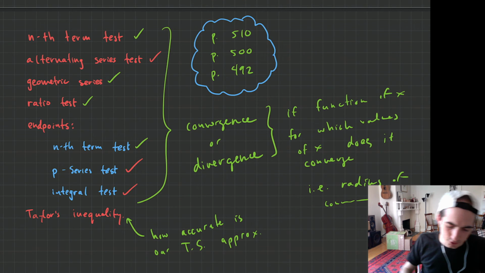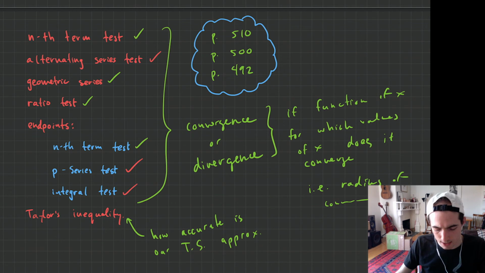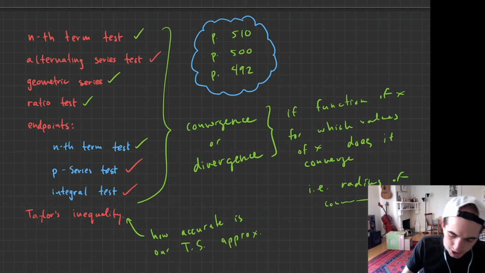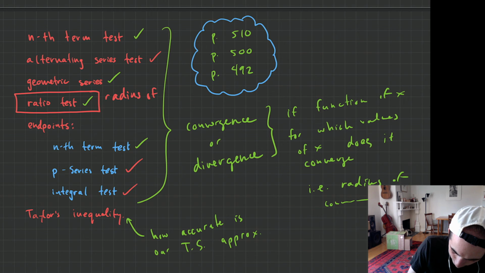Yeah. So just to consolidate your question, if I understand correctly, what you're asking is how do these correspond with the radius of convergence, right? So the ratio test is great for the radius of convergence.